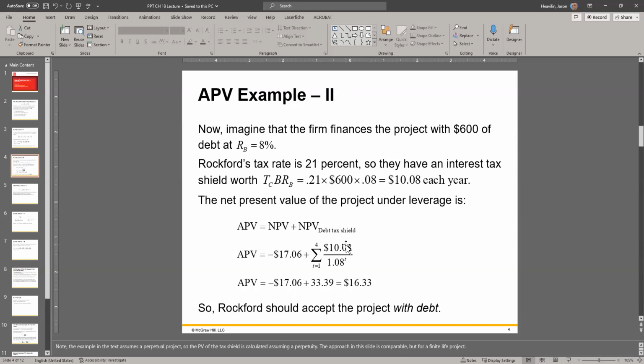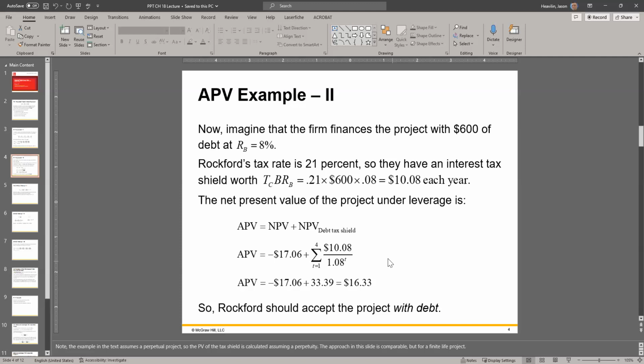What you get, since this is just a present value calculation, is 33.99 positive. So when you take the positive 33.99 present value of this tax benefit against the negative 1706 from the equity NPV, you now have 1633 as the NPV of the project. So now you do have a positive value, a positive NPV.